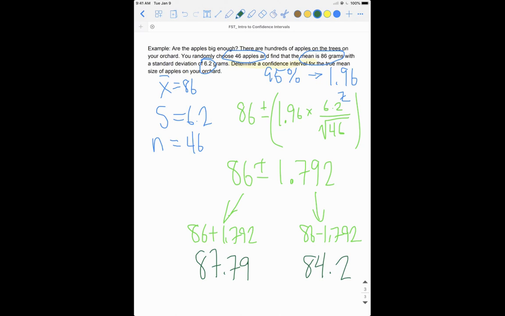So we know that with 95% confidence, our mean should fall between 84.21 grams and 87.79 grams. That just tells you that whenever you choose to find the mean of your apples, that mean should fall within that interval, and we can say with 95% confidence that our mean should fall within that interval.